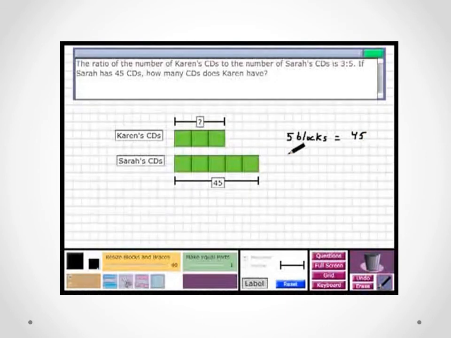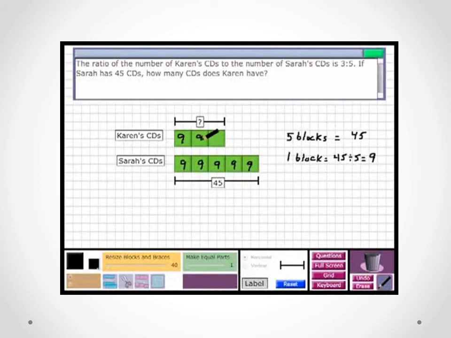If we know 5 blocks have a value of 45, then 1 block must equal 45 divided by 5, which is 9. So each block has a value of 9. And that's true for Karen's blocks as well, because each block has the same value.